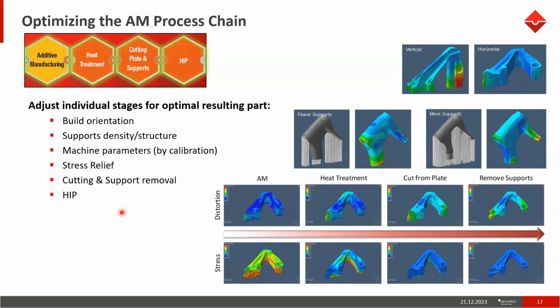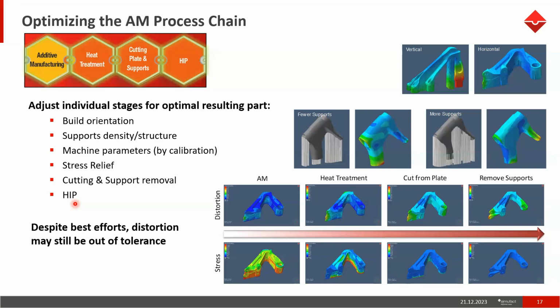So these kinds of things can be studied at individual stages for optimizing your result. It can be with respect to build orientation, support structure density, machine parameters, stress relief, cutting and support removal, or hot isostatic pressing. So these are all the different stages by which we can analyze this part.